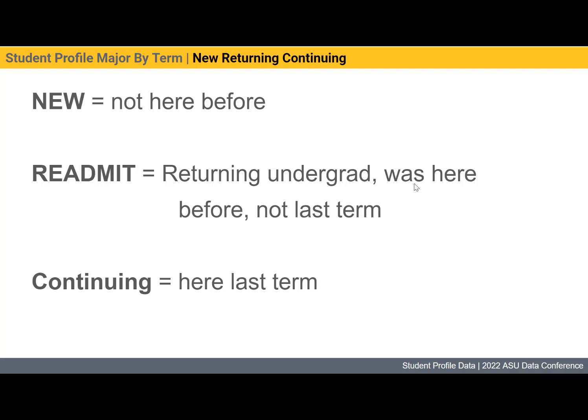Readmit, we relabel that returning because we don't require many students to be readmitted anymore, but in the table, you'll see it's readmit instead of returning. And that means they've been here before, but they weren't here last semester. So last semester right now would be last spring. They would have had to have been here fall or earlier. And then continuing means they were here last term, spring.